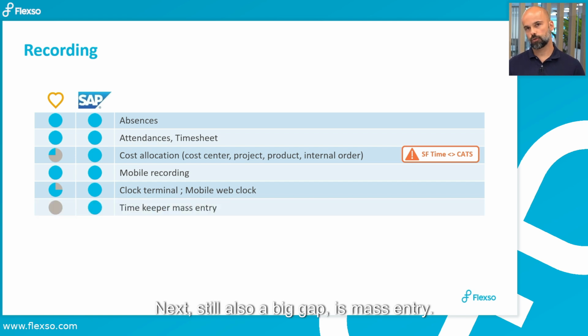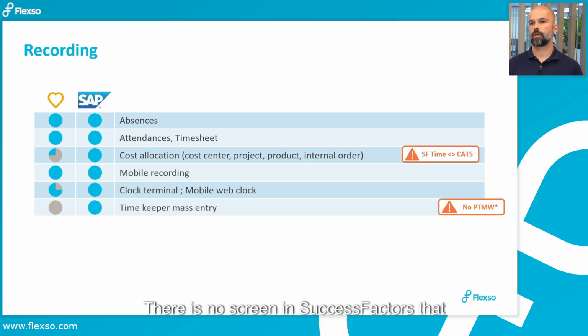Next, still also a big gap is mass entry. There is no screen in SuccessFactors that replaces the PTMW that you know from SAP. There is no way for a time admin to go in and easily manage a group of people together in SuccessFactors. So for instance, if somebody needs to add a collective holiday, that's really a process of importing that data.